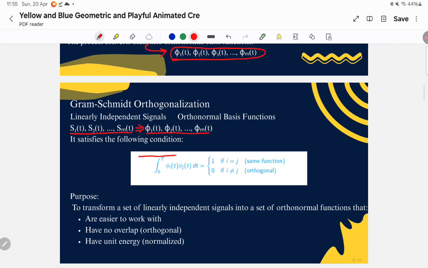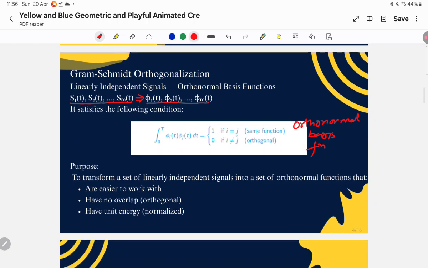And now in this image, you can see the condition for orthonormal basis functions. What does it mean? It means the integration of phi i and phi j, where phi i and phi j are different basis, right?